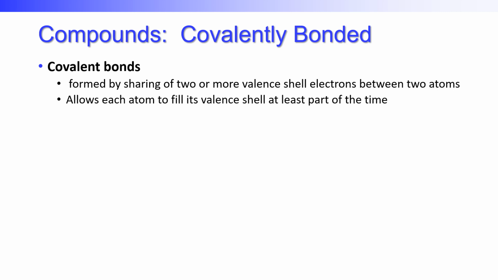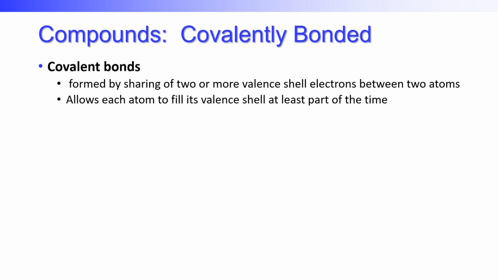In this scenario, we have our atoms keeping the electrons that they show up with, which is different than what we saw with ionic bonds, where we have the transfer of electrons. Somebody's given it up and somebody's finding it. In this one, everybody gets to keep the electrons that they show up with, but instead of transferring, they're going to share them, which is where the word covalent gets its meaning. So it's the sharing of the valence electrons in order to form a bond.